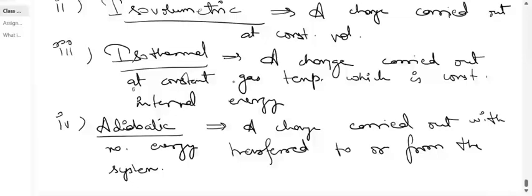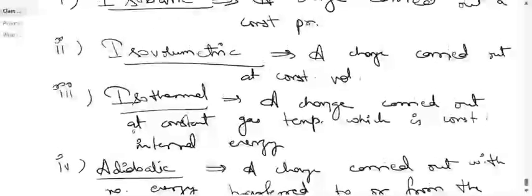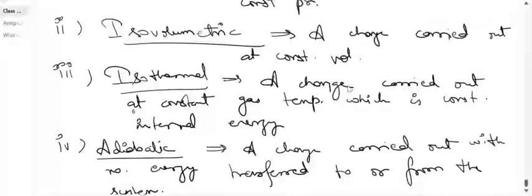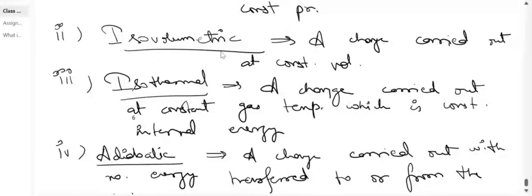So in isobaric, Akshita, we carry out all the changes at constant pressure. In isovolumetric, we keep constant volume. Isovolumetric can be your pressure cooker. Volume is always fixed inside that. Pressure increases and decreases when the temperature rises and falls. Isothermal, the change is carried out at constant temperature.